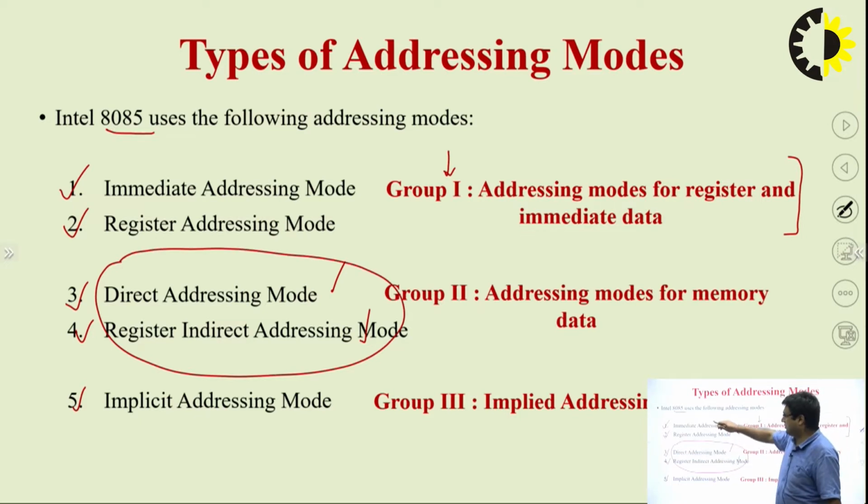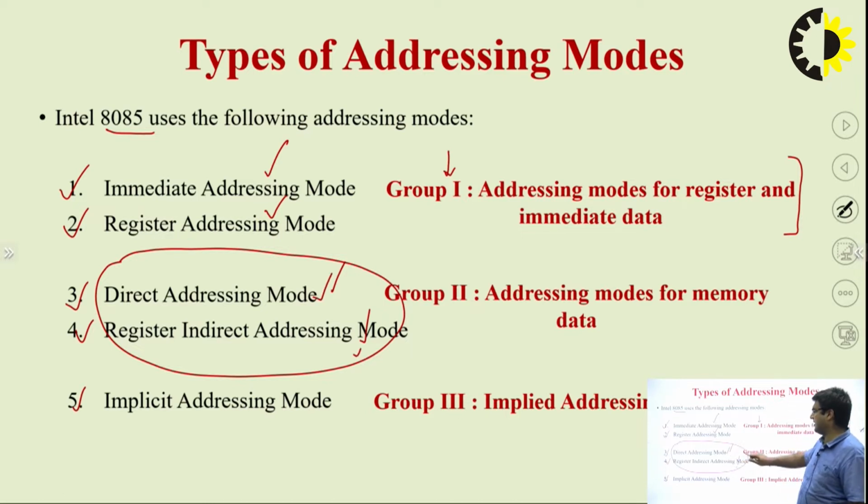The immediate value may be an 8-bit or 16-bit value, and the registers may be 8-bit or 16-bit. Here I am writing the addressing modes for memory data: if we have to fetch the data from the memory, it is the direct addressing mode and the register indirect addressing mode.